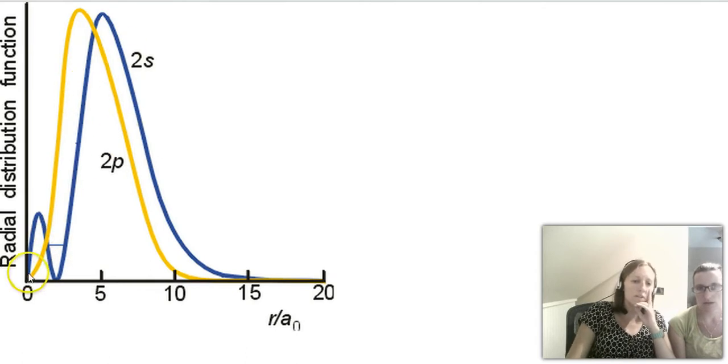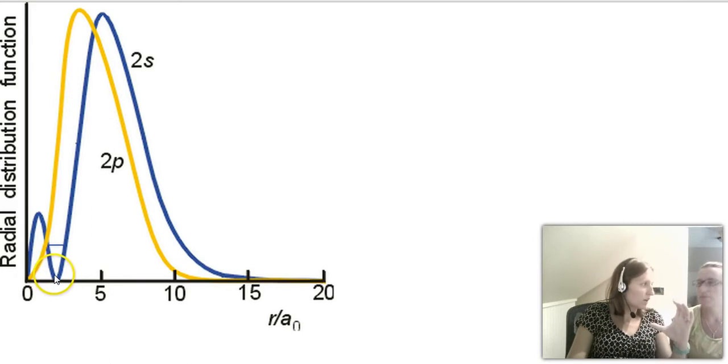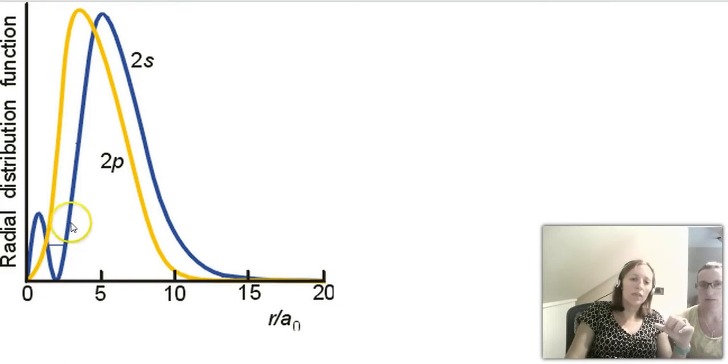There is a small hump of probability quite close to the nucleus, and then that probability goes to 0, which actually forms a node, which is the stripy effect that you see in a cross-section of an s spherical orbital. And then the probability goes way up, and that's where most of their time is spent.